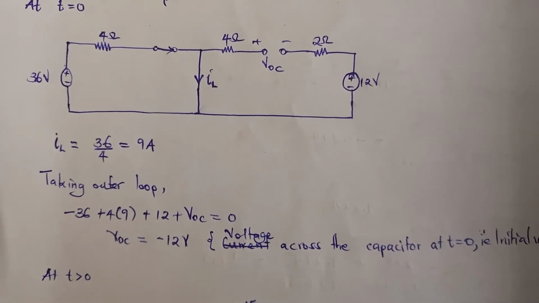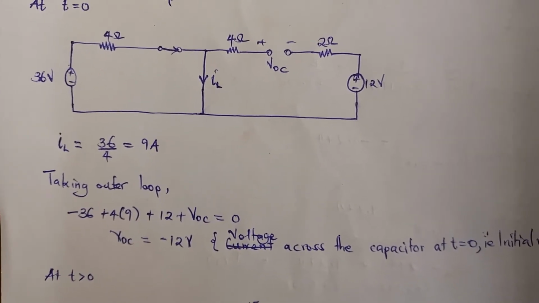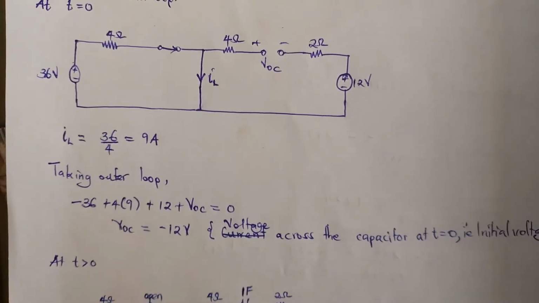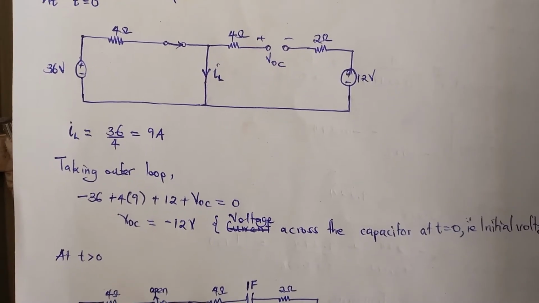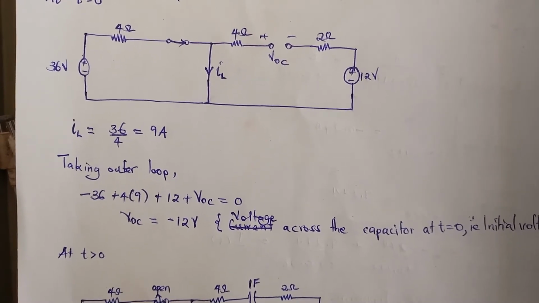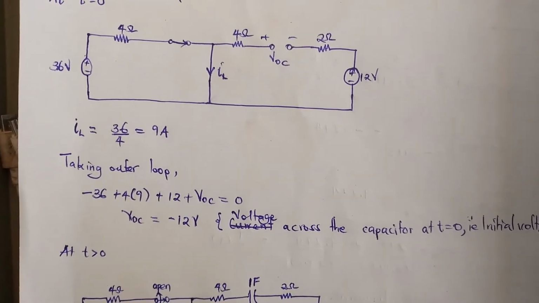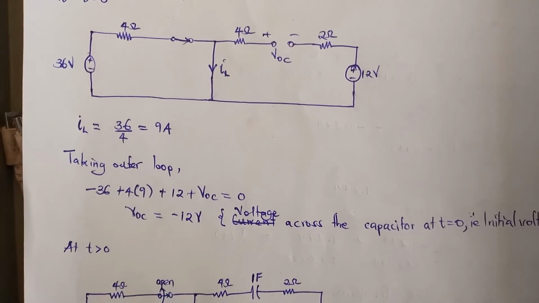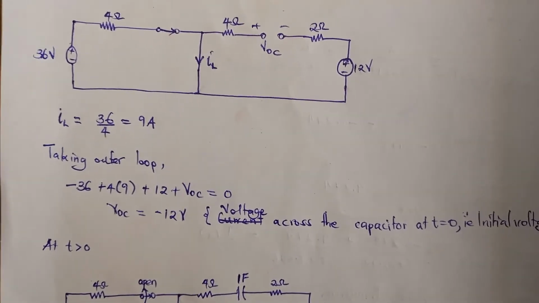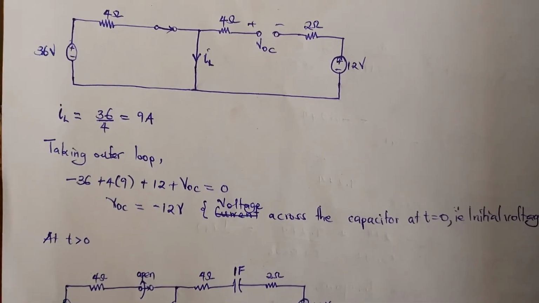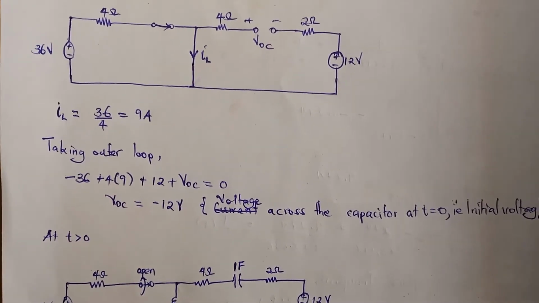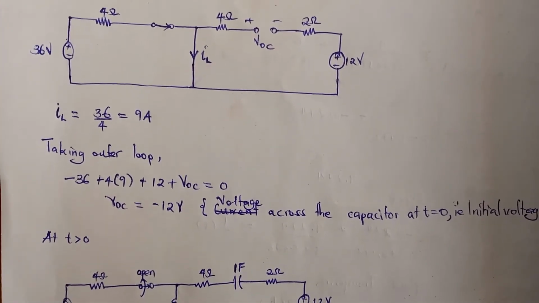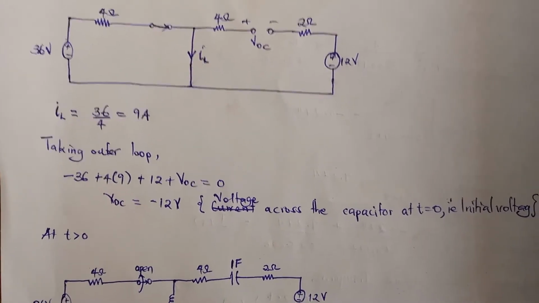Current IL can be determined using Ohm's law, and it is obtained by dividing the DC voltage supply by the resistance in that circuit.